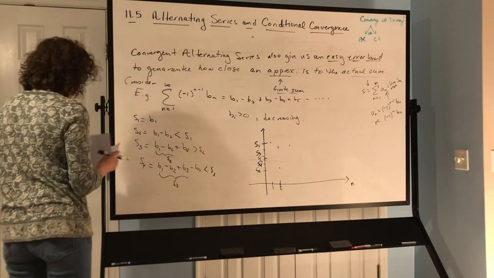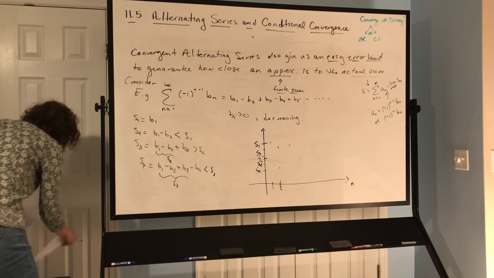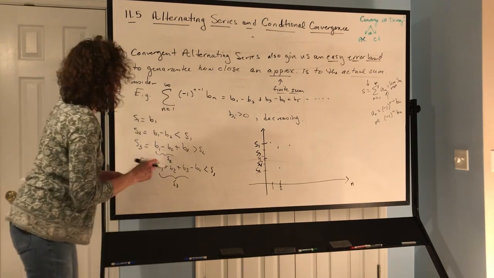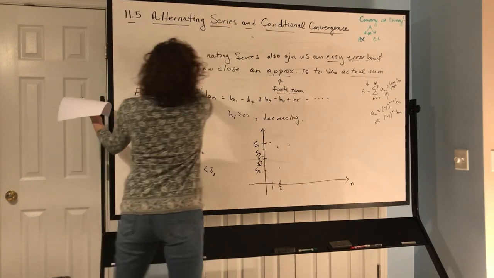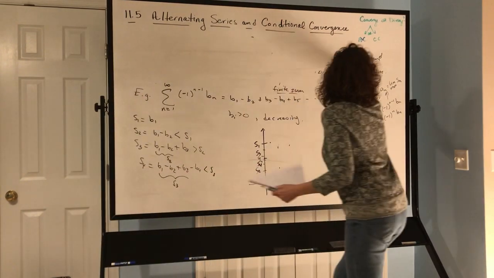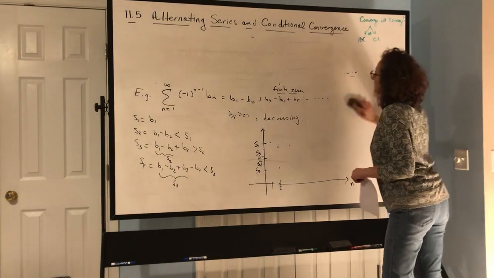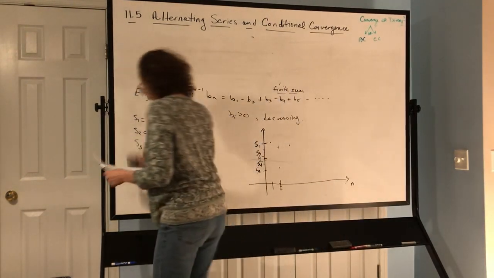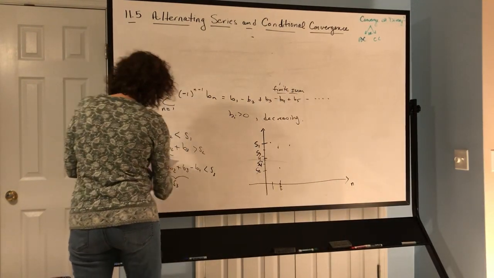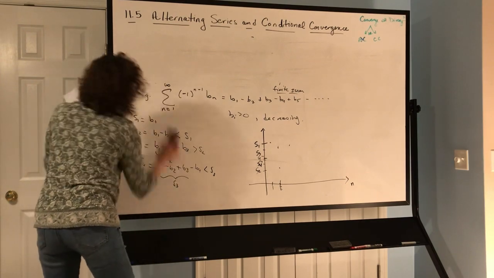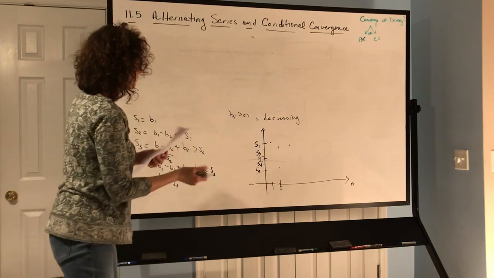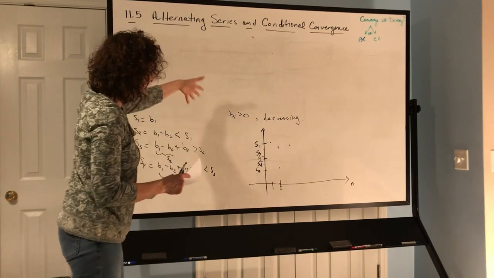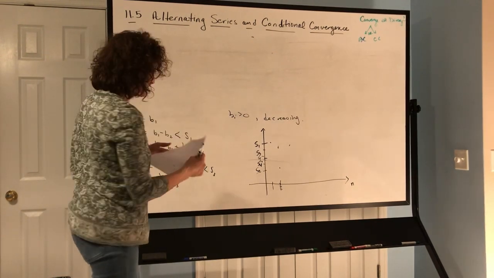Okay, so let's write that out in math now. We have our visual. Remember, this is just in the one particular case when we started with a positive b1, so we're just doing this as an example.